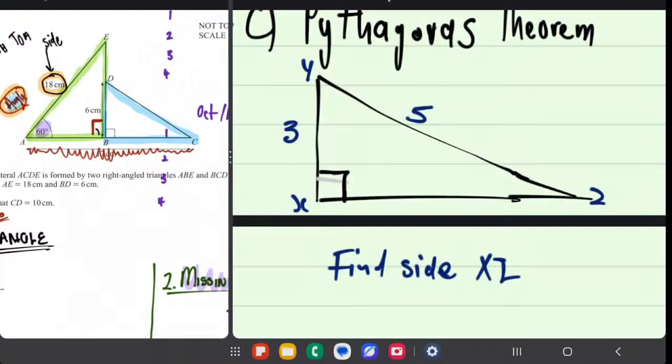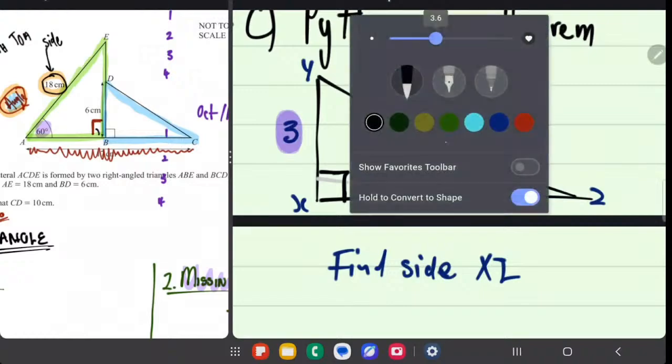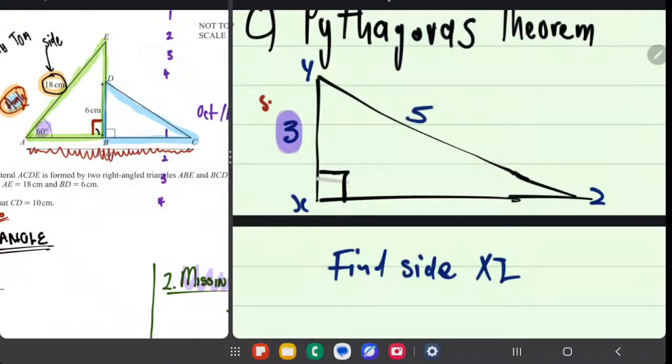What are we given? What is this? Good. What is 3? 3 is a side. Alex, the other thing you are given is 5. What is 5? 5 is a side. So we are given 2 sides.